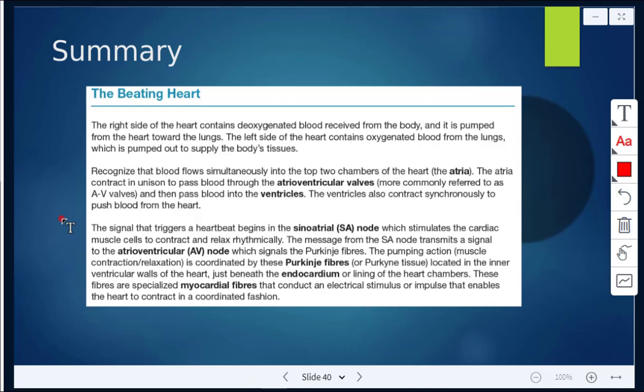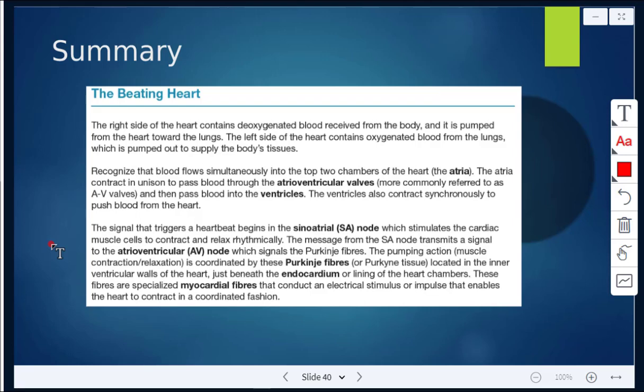The signal that triggers a heartbeat begins in the SA node, which will stimulate the cardiac muscle cells to contract and relax rhythmically. The message from the SA node goes to the AV node, which will signal the Purkinje fibers.